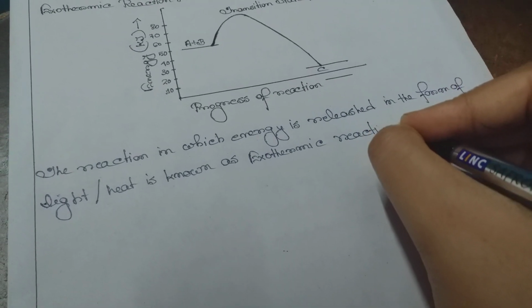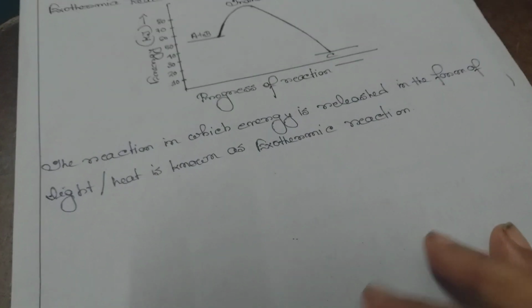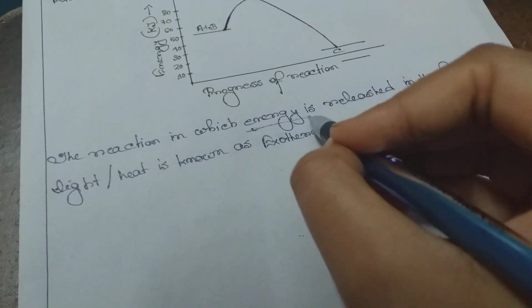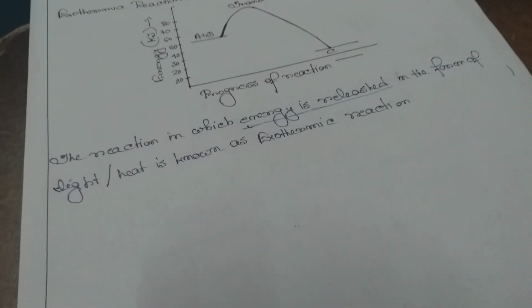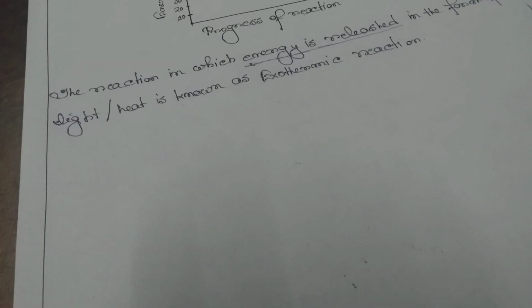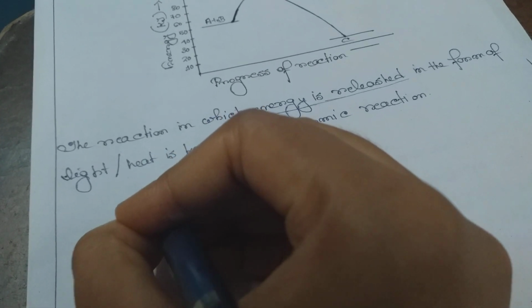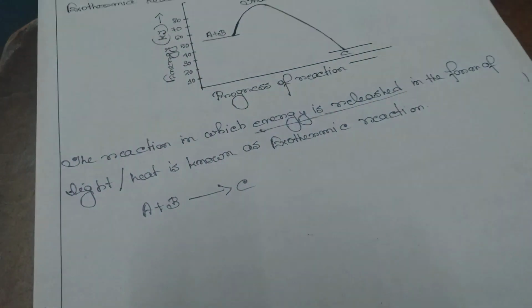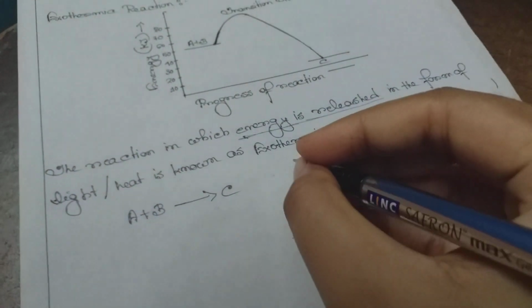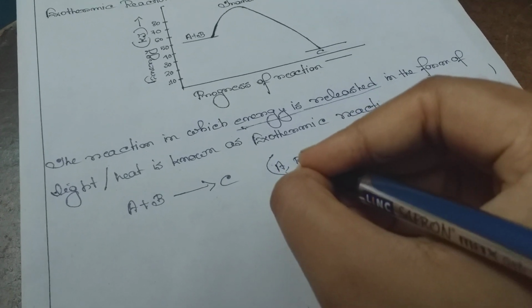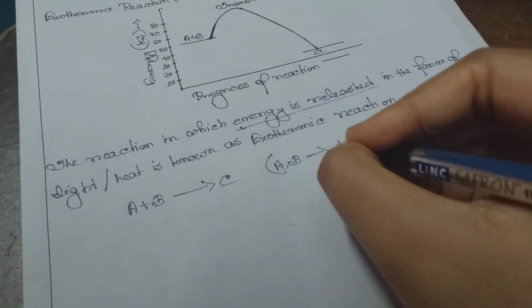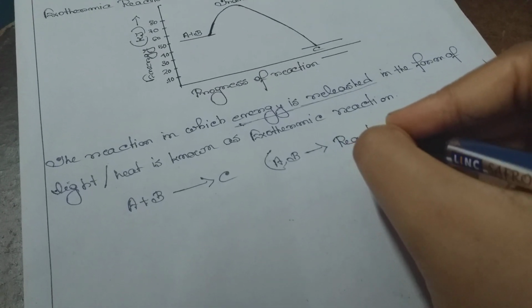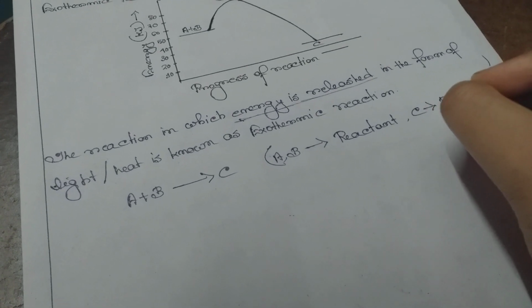So, what is the main criteria of exothermic reaction? During exothermic reaction, energy is released. Let us consider the reaction A plus B gives product C. Here A and B are reactants and C is the product.